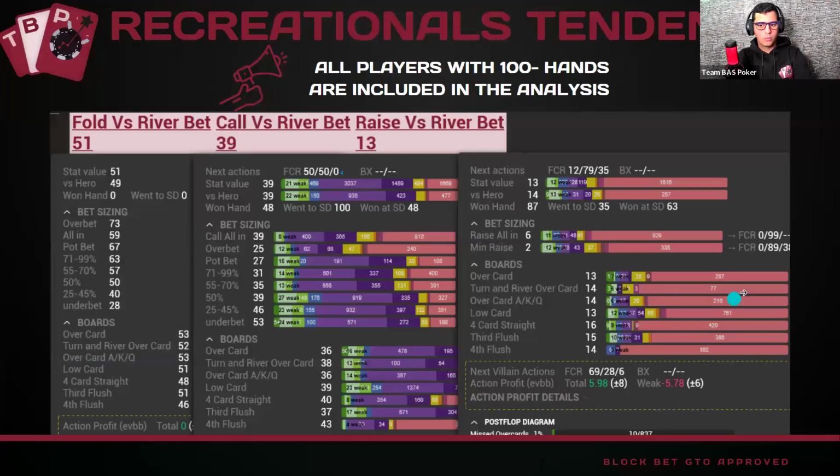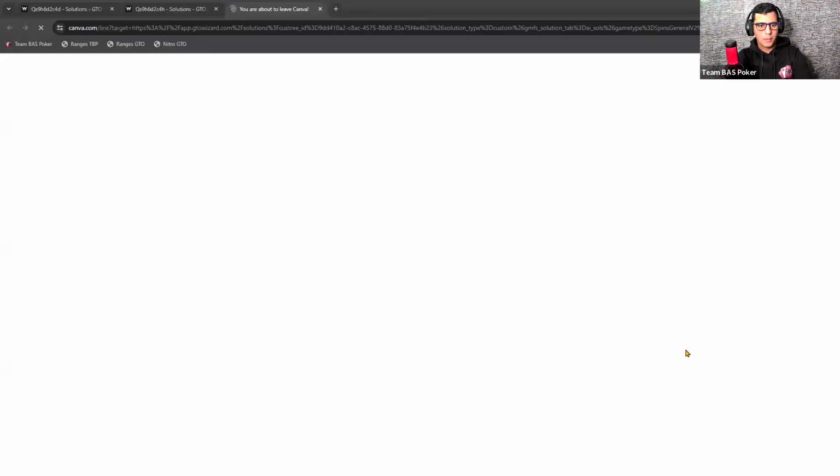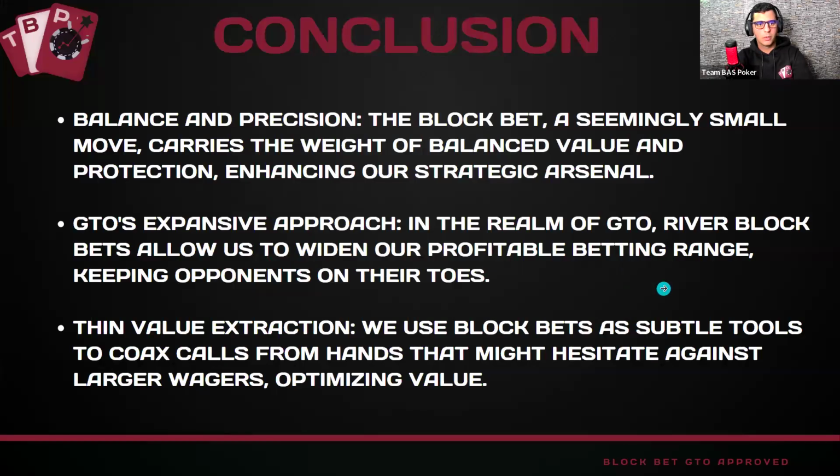All right, so yeah, let's do a little sum up here. In the GTO area, so it's balanced, the block bet is a move that is used with a small sizing, so that gives us the possibility to balance our value, protection, and also some bluffs with a very wide range.